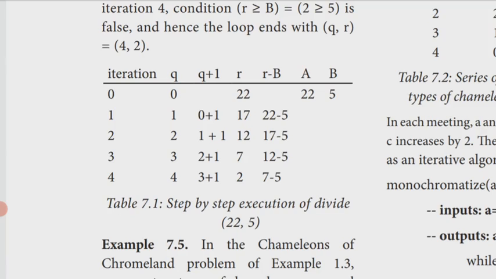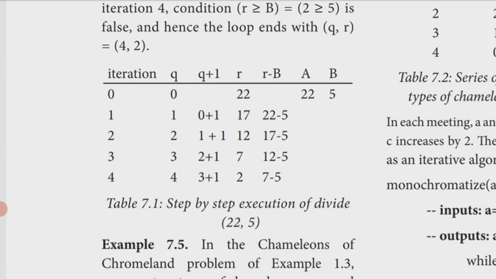So they used it at each and every step: 1 five is 5, 2 fives are 10, like that. They divide, and at each and every step they got the remainder also. The first step we got the remainder as 17, the second step 12, the next step 7. After the last step we got the remainder as 2.